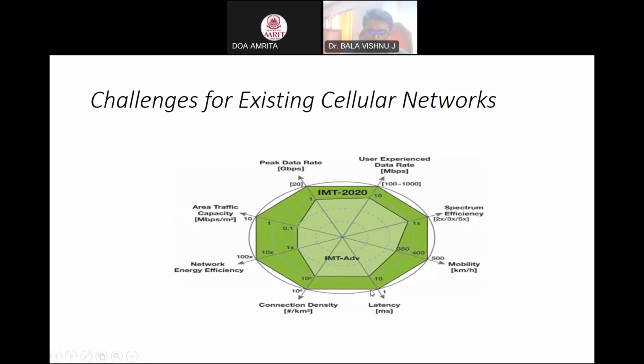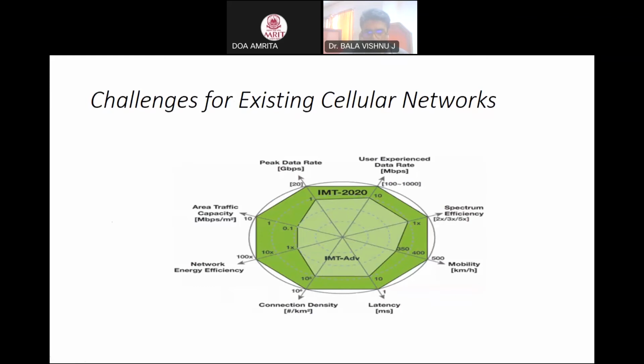Coming to latency, what we have in LTE is about 10 to 20 milliseconds, and what we expect is 1 millisecond. The connection density is about 10 to the power 5 devices per square kilometer, whereas we are going to increase the density to about 10 to the power 6 devices per square kilometer.